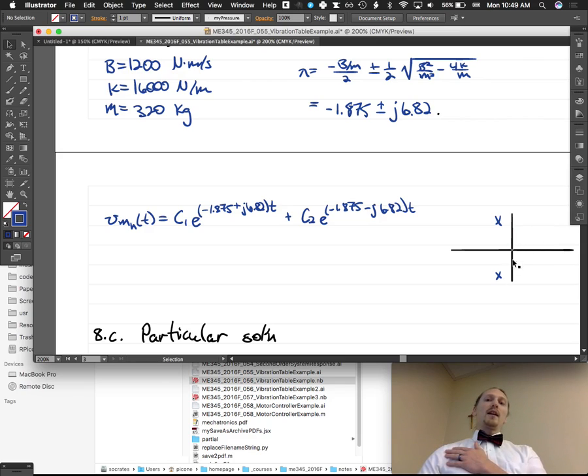And if it was right on the axis, then it would be oscillating and never damping out. So we're expecting a damped oscillation here, but a pretty oscillatory system because we're pretty close to this axis. We're only at negative 1.875, so it'll definitely have some oscillation associated with it. Okay, so we will pick this up on Wednesday and learn another method for how to solve this problem.